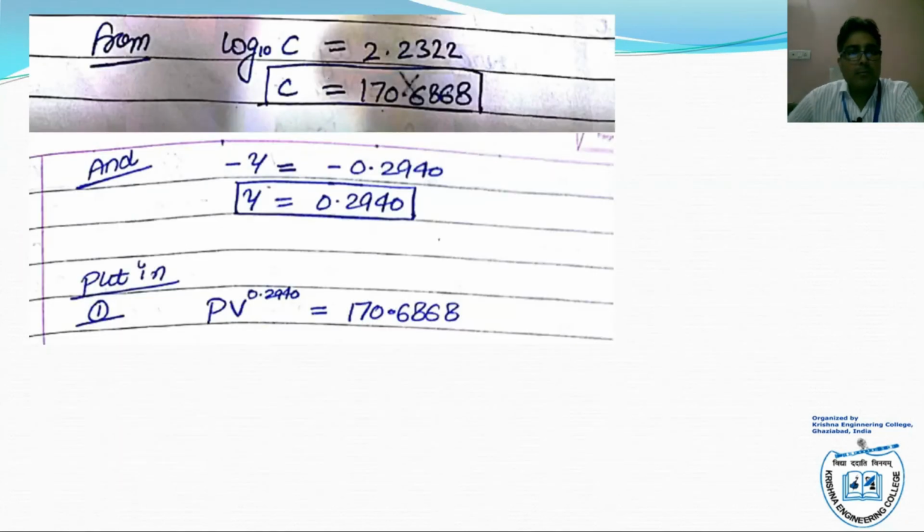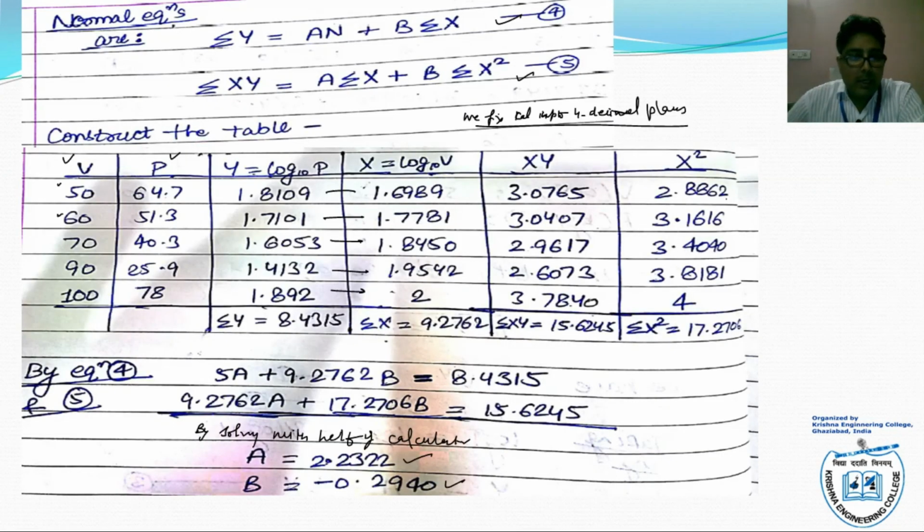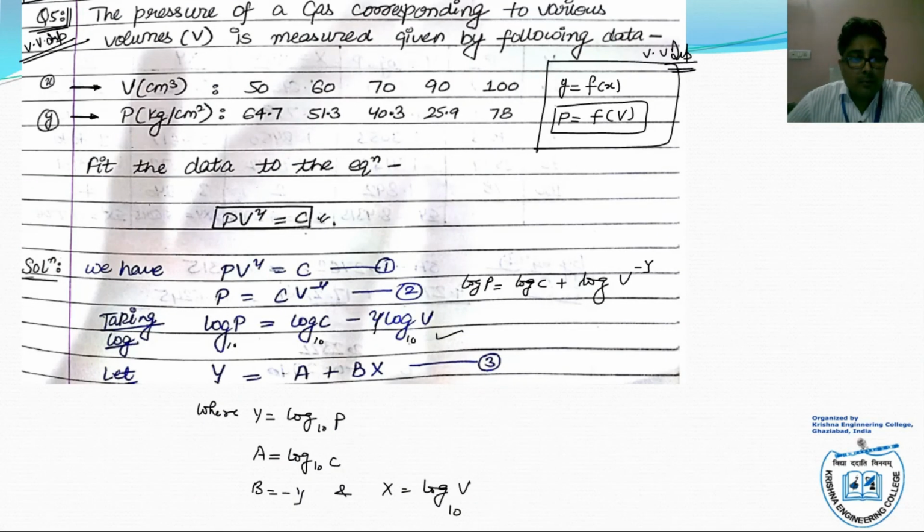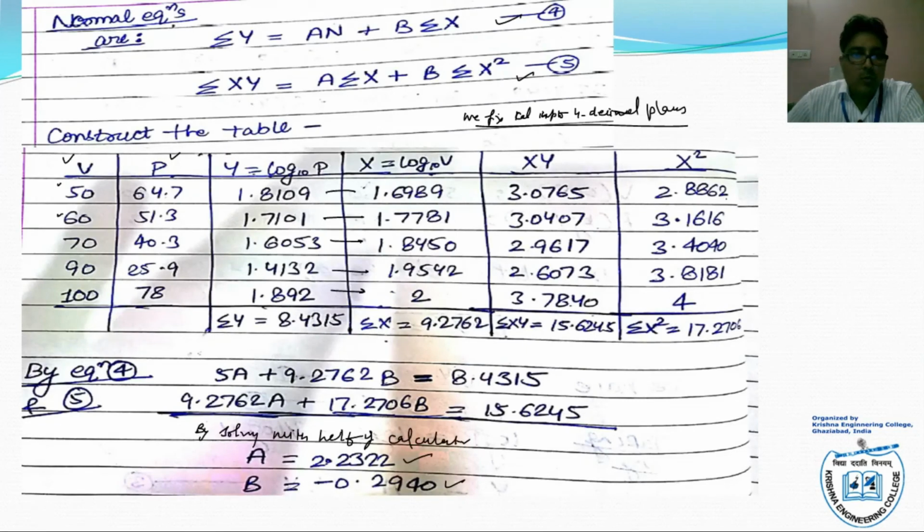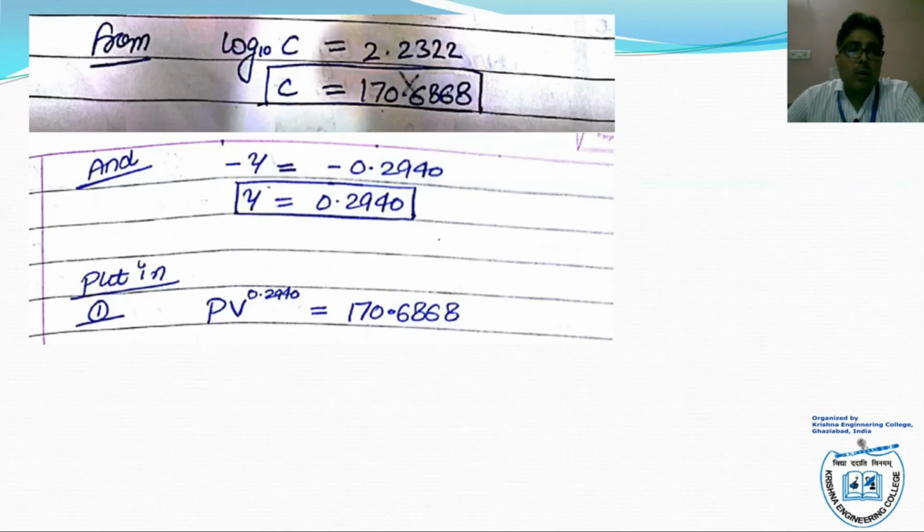Clear? So the value of capital A is log C. So put this value, this is the value of capital A. Log C is equal to 2.2322. Taking anti-log, we get the value of C is 170.6861.